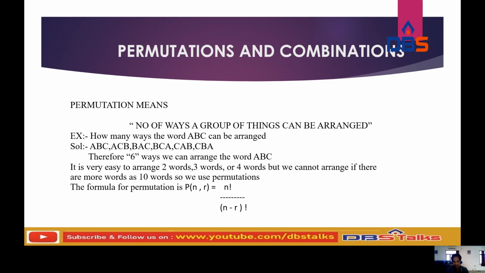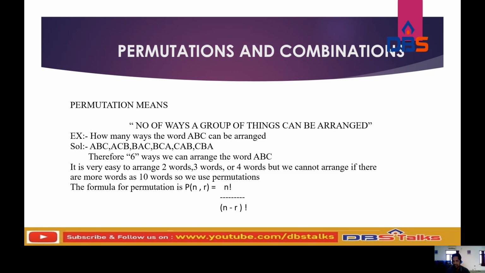It is very easy to arrange 2 words, 3 words or 4 words, but we cannot easily arrange if there are 10 or more words. So we go for permutations. Simply for 2 or 3 words, this is not a problem, but whenever you have more than 10 words, we can use the permutation formula: P(n, r) equals n factorial by (n minus r) factorial.